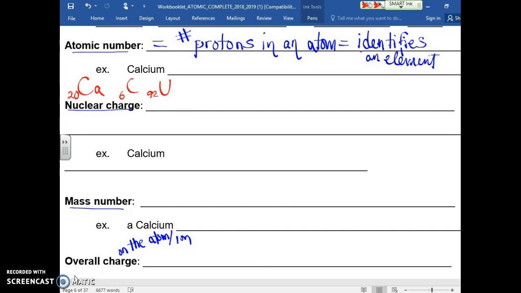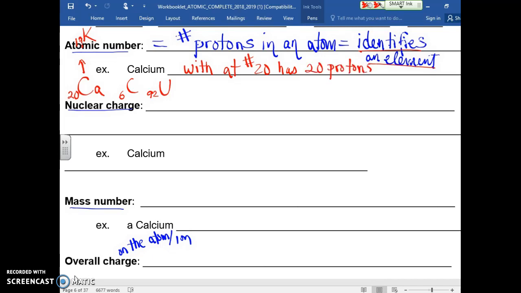It's like the Social Security number of an element. If you were to remove one of calcium's protons, well, I'm sorry, you don't have calcium anymore. You now have something called potassium. Therefore, calcium with an atomic number of 20 very simply has 20 protons. It's that easy.